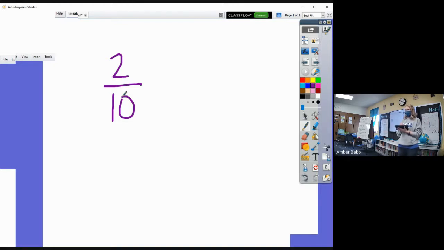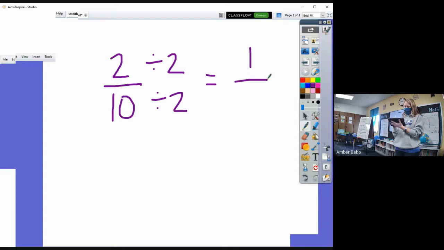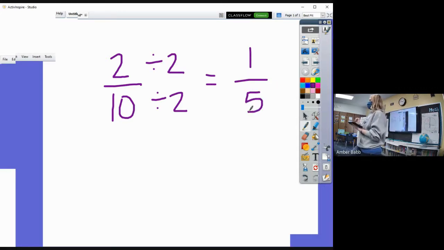No. Here's a big hint: look at your numerator, because the greatest common factor can't be a bigger number than the numerator. So 2 is going to be my greatest common factor that I divide both the top and the bottom by. And so then I'm going to get 1/5.